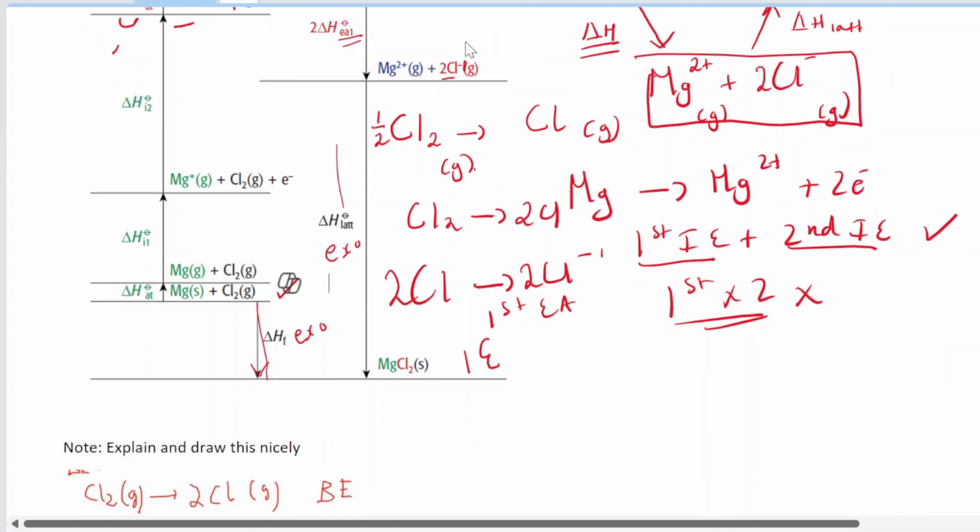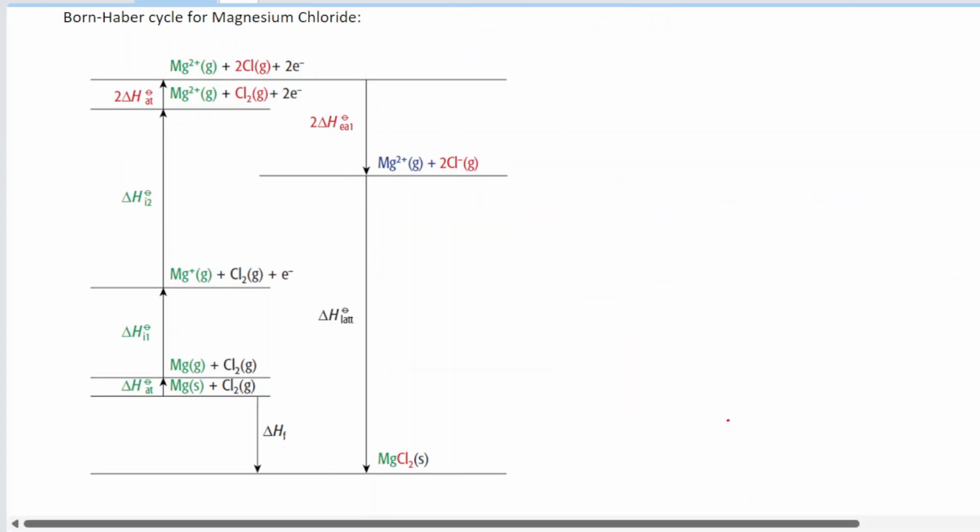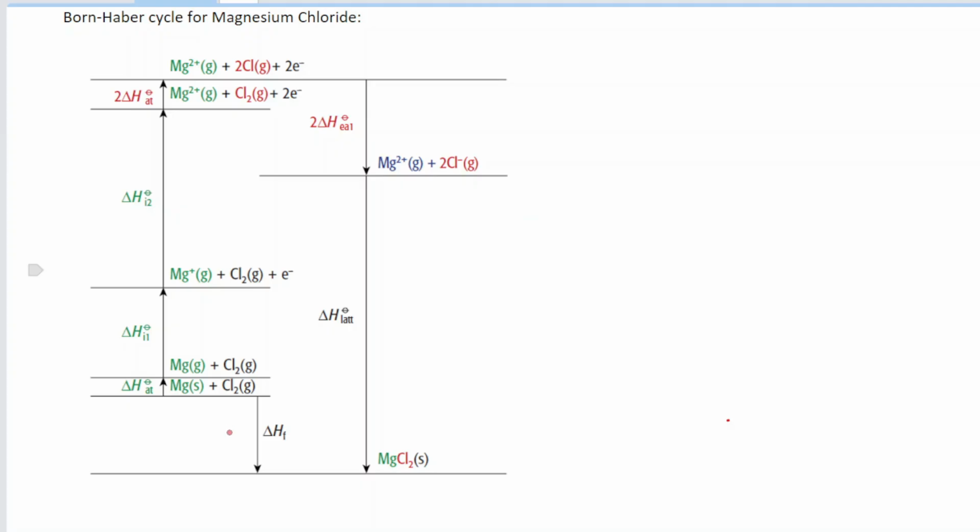Now, again, you can make a reaction out of this. So the reaction here will be delta HF. This is the straight, overall reaction. You can either go here or you can take this long way until you reach here.